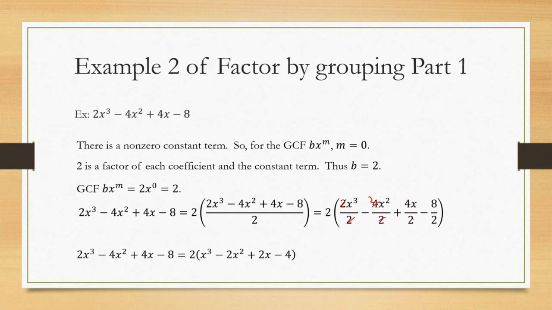This term here, 2 is gone. This 4 becomes a 2. That's how we get that. Finally, 8 over 2, the 2's gone. That becomes a 4. So we get 4 here.